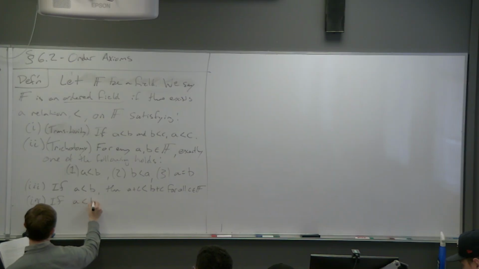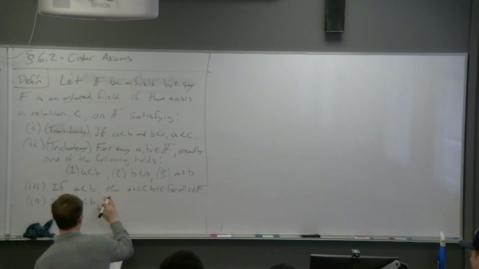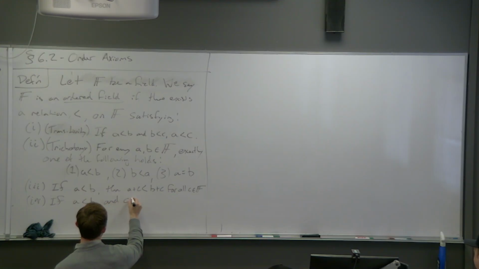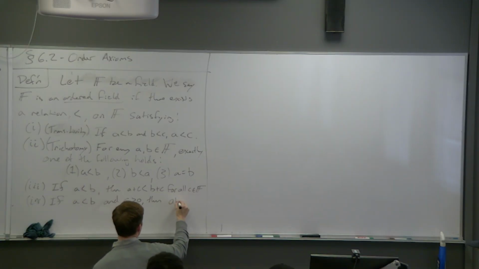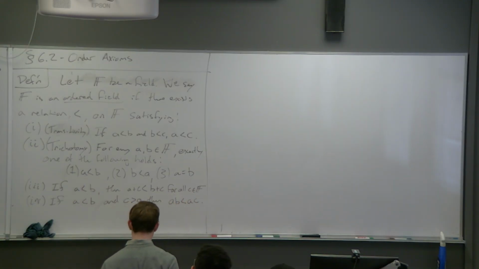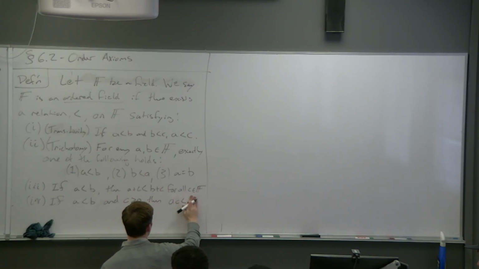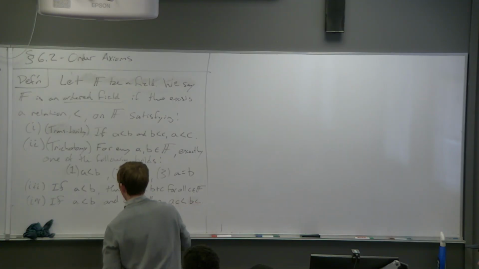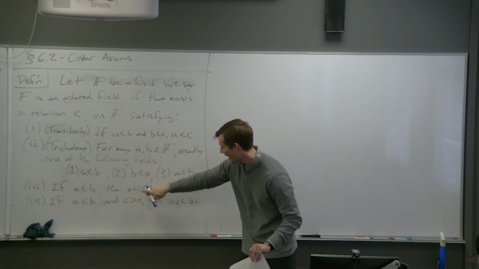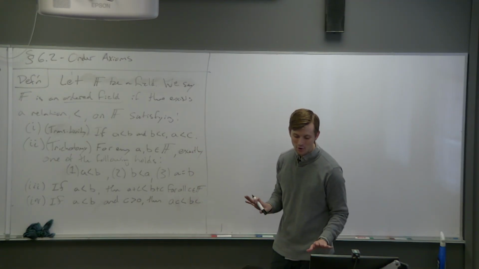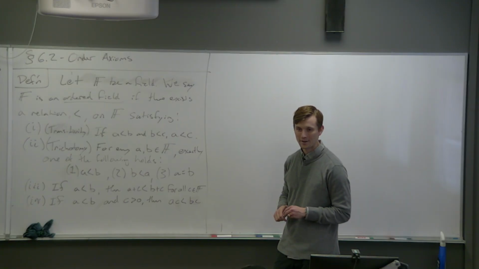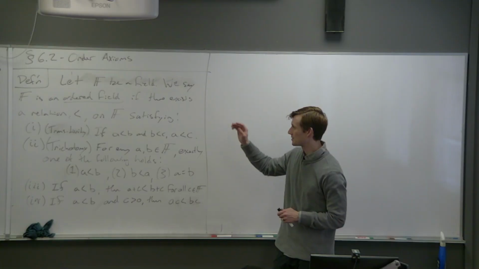So if A is less than B and C is greater than 0, then AC is less than BC. Oh, sorry, writing it backwards. AC, BC. That is, multiply both of them by C. Instead of adding C to both sides, we multiply C on both sides. Good. Okay. And those are the characteristics for the definition of an ordered field.